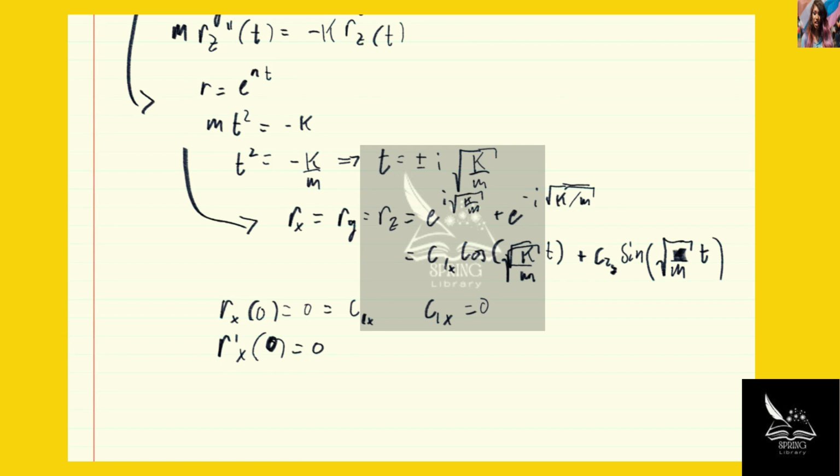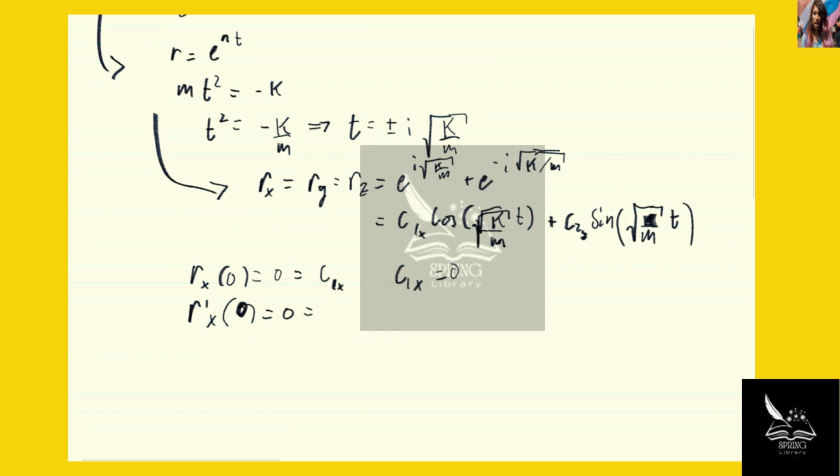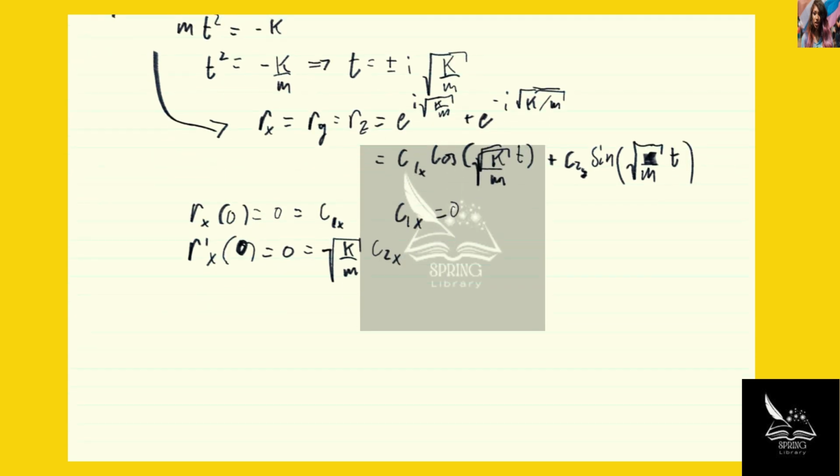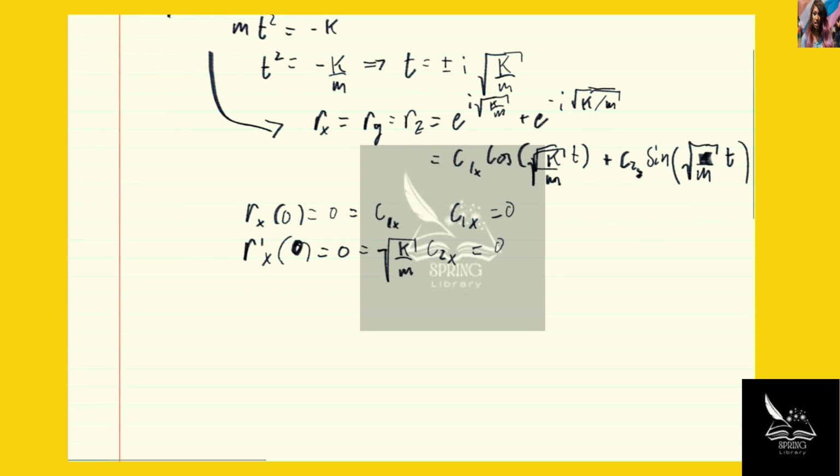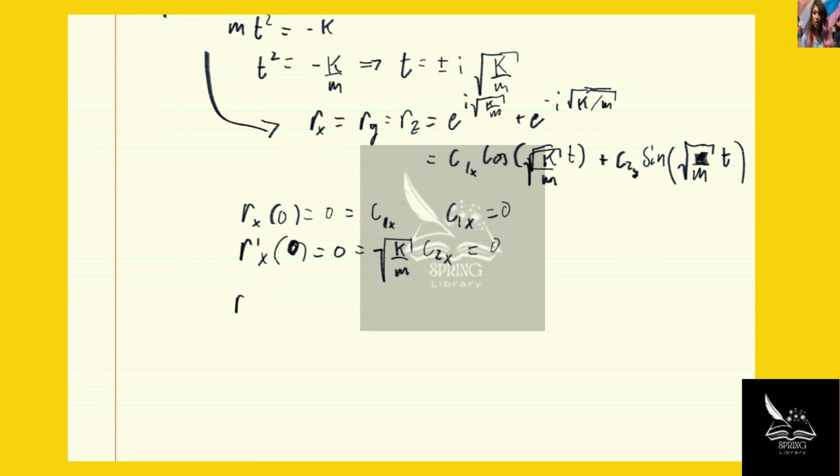When we differentiate everything, we'd get root k over m times cos of root k over m t. So that's just going to equal root k over m times c2x. And we can see then that c2x equals 0. So we'll have nothing in the x component.